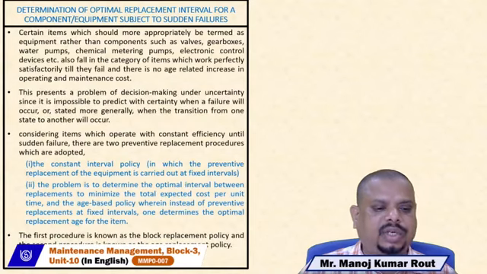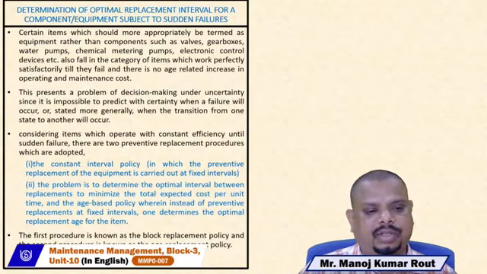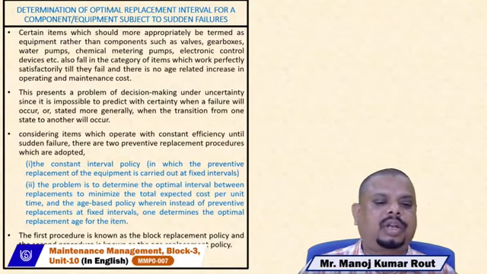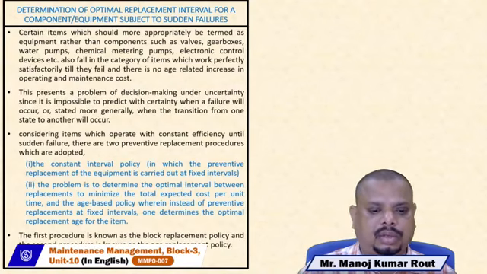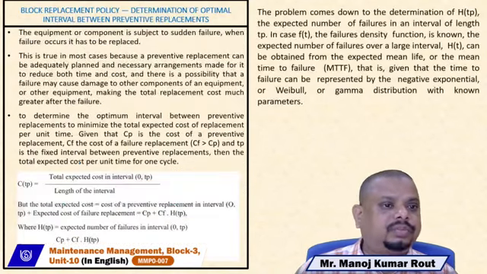So the first procedure is known as block replacement policies, and the second is age replacement policies. In block replacement policies, we use constant interval policies. In age replacement policies, we minimize the expected total cost per unit time depending upon the age of the equipment.